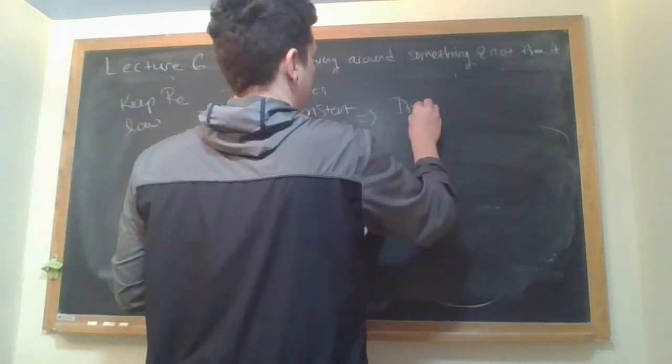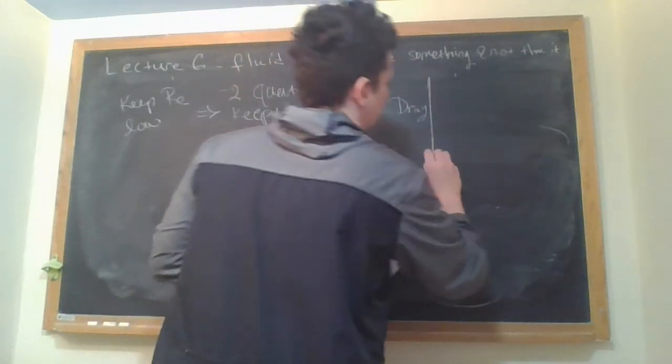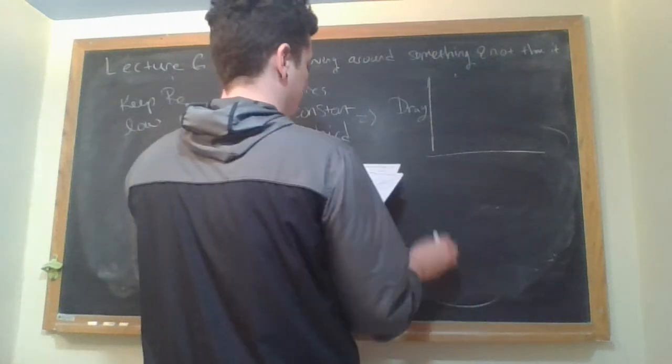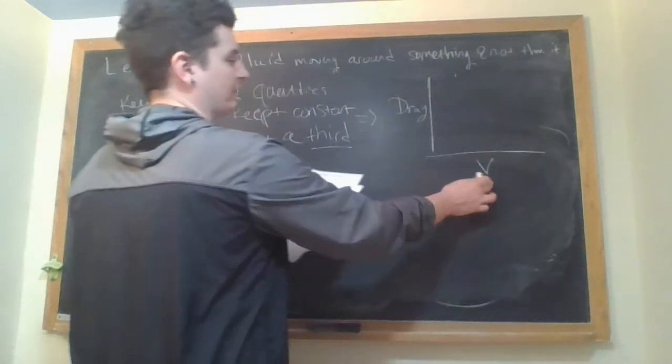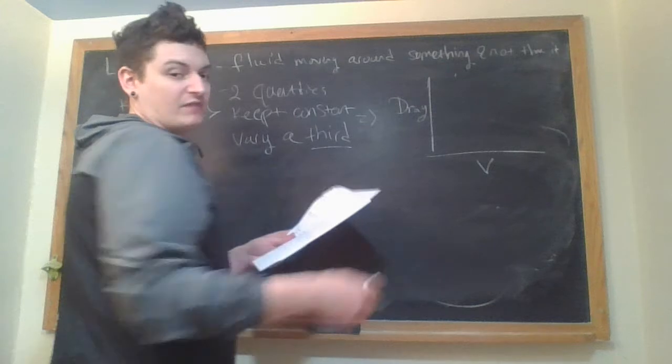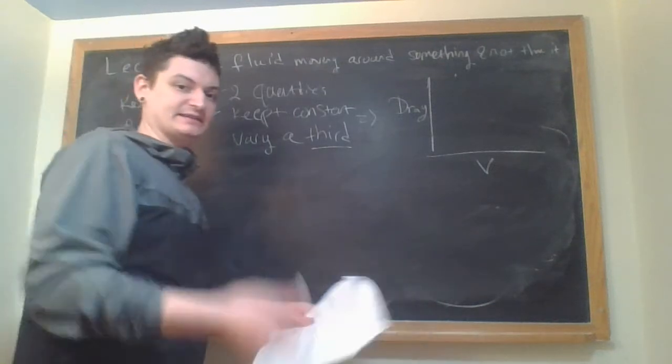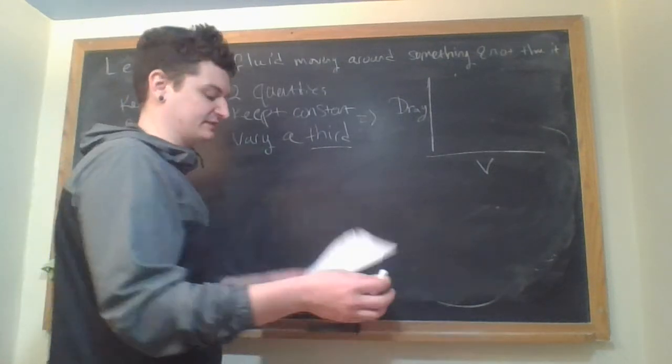So as an example, drag. Let's say I vary the velocity and keep the viscosity and the speed constant. I'm just varying the velocity, right?